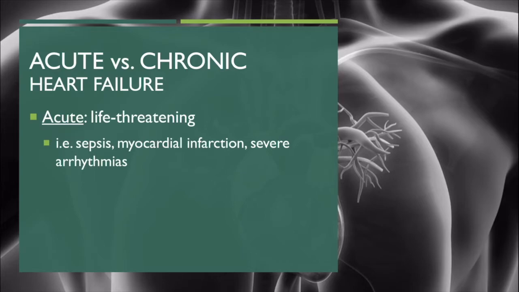Our next subcategory of heart failure is whether it's acute or chronic. Acute is exactly what it sounds like. It comes on suddenly. If we look at the examples, this might help make sense. An example of acute heart failure could be after a myocardial infarction. Ten minutes ago, their heart was receiving blood.